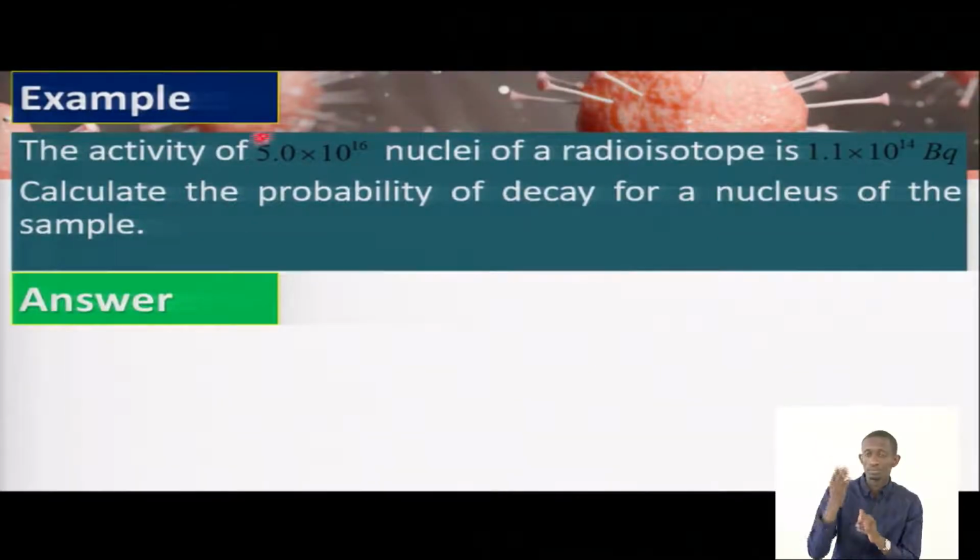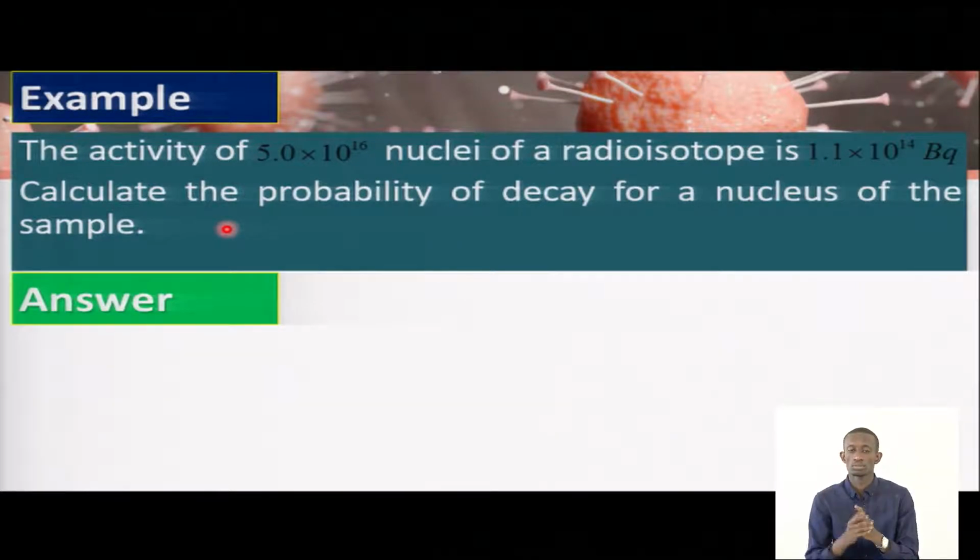The activity of 5.0 times 10 power 16 nuclei of a radioisotope is 1.1 times 10 power 14 becquerel. Calculate the probability of the decay of the nucleus.